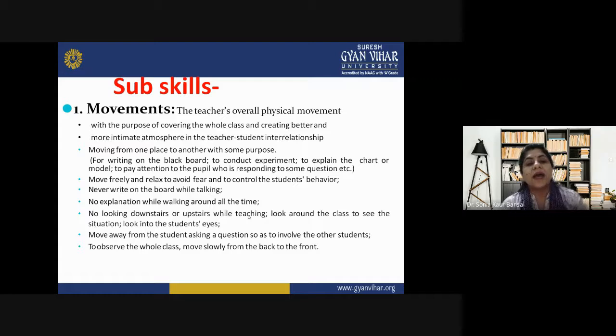So for writing on the blackboard, the teacher is moving. To conduct experiment, teacher is moving. To explain the chart or model, to pay attention to the pupil who is responding to some questions, etc. The teacher is moving in the classroom and just paying very nice elaboration to the students to understand the concepts.